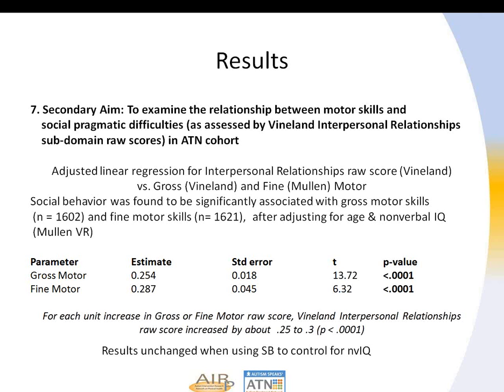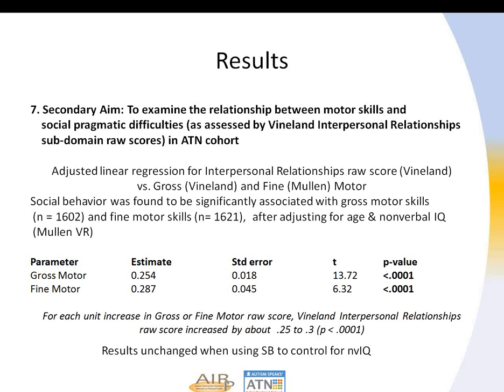If we look at the bottom of the slide, we see that even if we use the Stanford-Binet instead of the nonverbal IQ measure of the Mullen, the results remain unchanged.